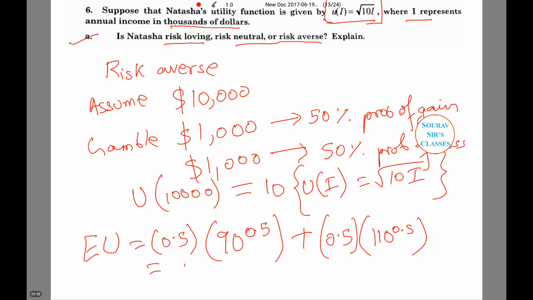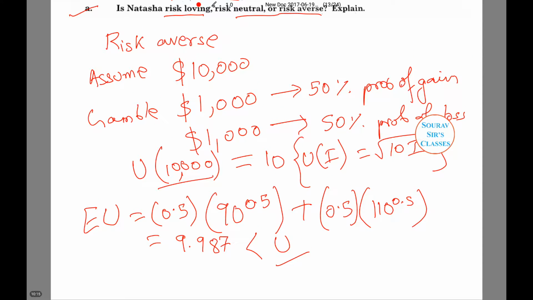This comes to 9.987, which is less than her utility. Since expected utility is less than the utility gained from her wealth of $10,000, she would be risk averse, as she would not take up the gamble of losing $1,000.